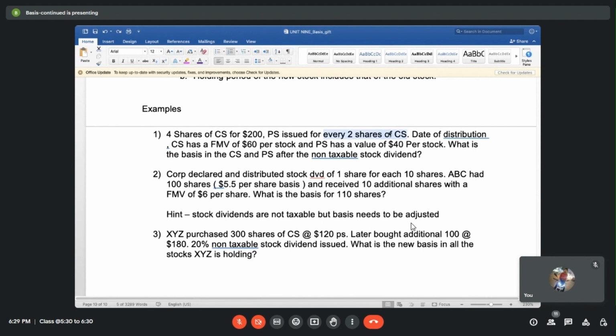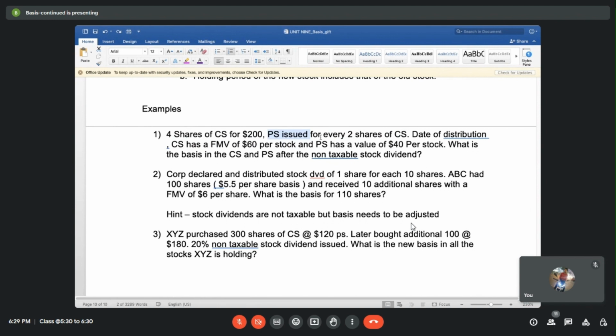So, at the date of distribution, the common stock, let's say it has an FMV of 60 per stock. So when the person bought it, they bought it at $50 per stock because the person bought 4 shares. When the distribution happened, they are being issued preferred stock for every 2 stock of common.